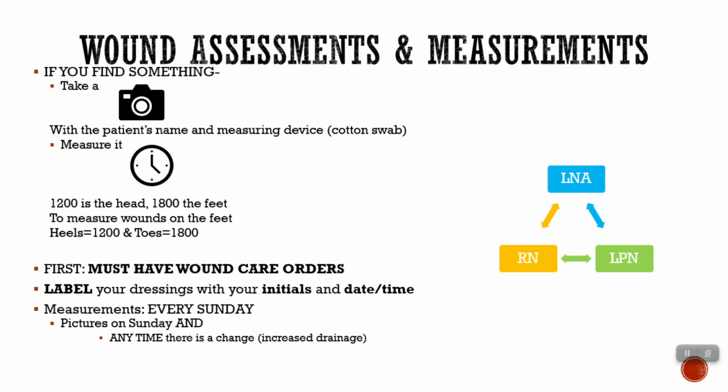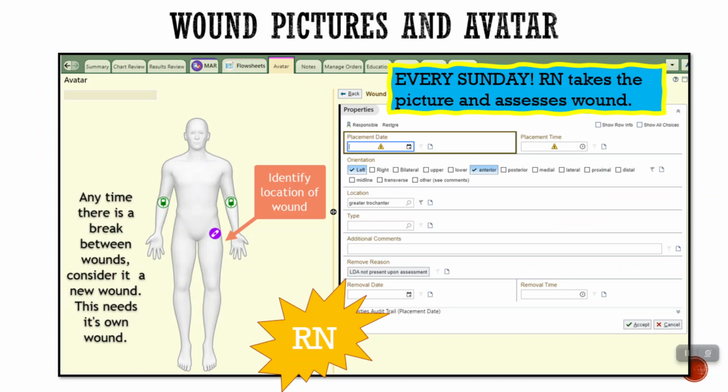Anytime that you've identified there's a change, take a picture. Wound pictures go in the avatar. So again, this emphasizes every Sunday the RN takes, or the LPN takes, the picture, and the RN then assesses the wound reassessment. And that's an RN LPN buddy system. So that way we can all be involved as a team.